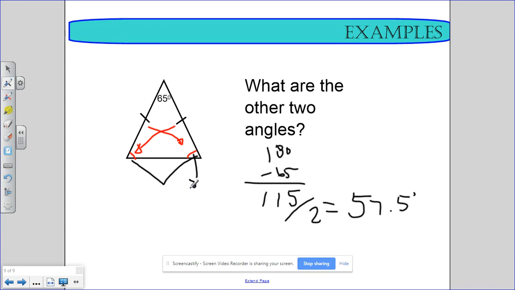So this angle here is 57.5 degrees, sorry about my writing. And this angle right here is 57.5 degrees. And if I add up all 3 of these angles, it should add up to my 180. Again, guys, I went through this very quickly, and technology has not been my friend today or last week. Let me know if you have any questions on this.